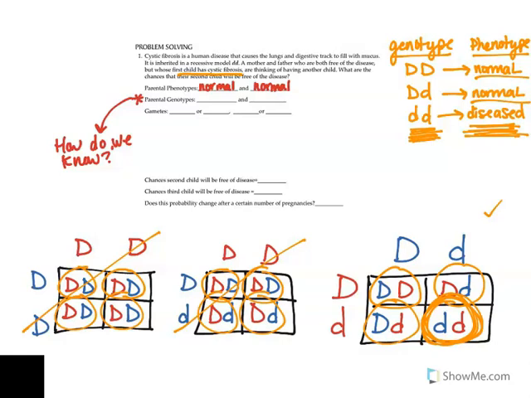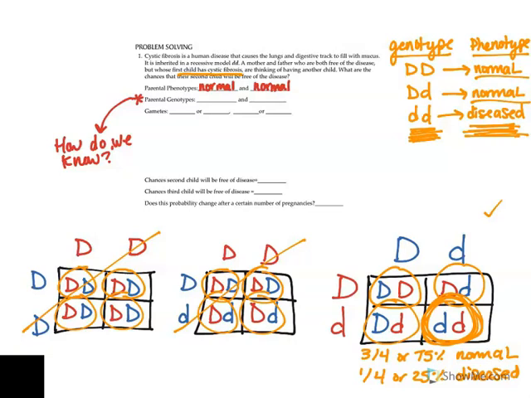To clarify, each of those boxes is a 1 out of 4 chance. So I have 3 out of 4, or 75%, being normal, and 1 out of 4, or 25%, being diseased in this situation.